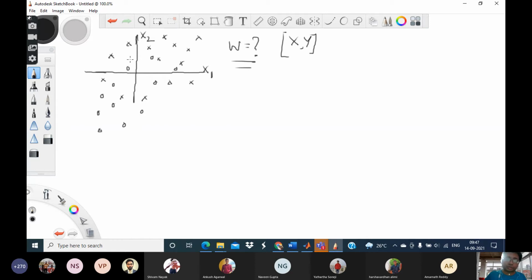You know the locations of the different points, you know the values of Y, and you have some reason to think that there is a threshold line or a threshold plane called W transpose X equal to 0, such that on one side of it the probability of one class will be higher, and on the other side the probability of the other class will be higher, but you do not know what that W is. So what is your task? The task is to estimate W.